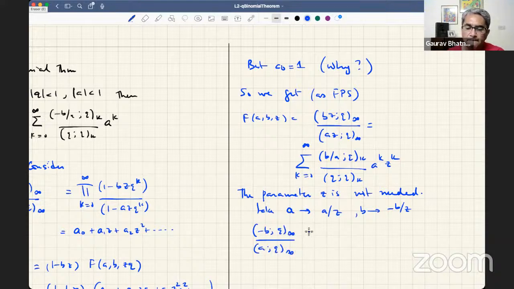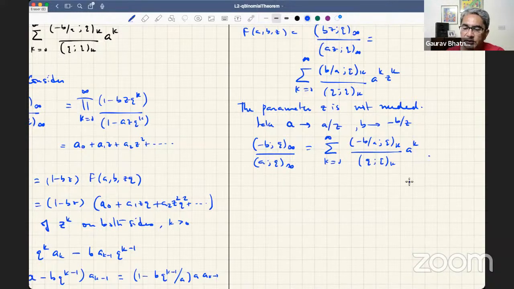For some reason, Ramanujan had a minus b here: the sum over k from 0 to infinity of (−b/a;q)_k over (q;q)_k times a raised to k.